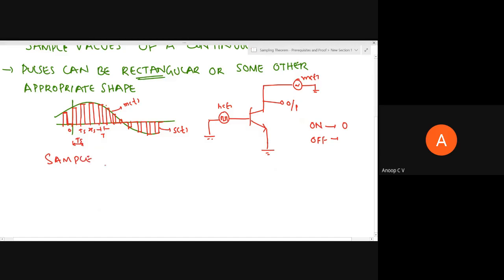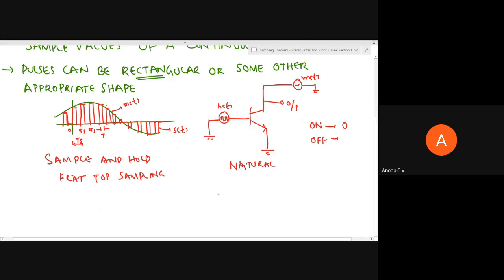In digital circuitry, this pulse amplitude modulation circuit is called a sample and hold circuit, or flat top sampling.